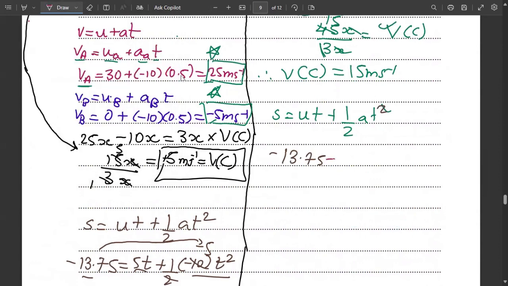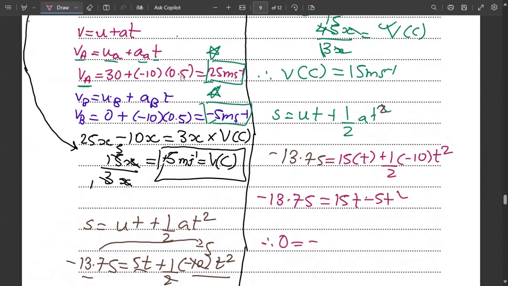U in this case is 15. Time we have to find out. That's half into minus 10 t square. Therefore, minus 13.75 equals 15t minus 5t square. Therefore, 0 is equal to minus 5t square plus 15t plus 13.75.